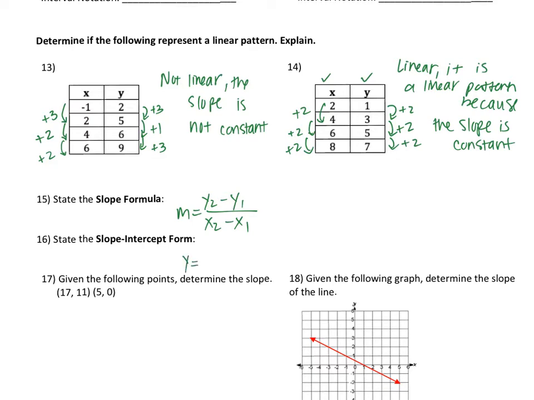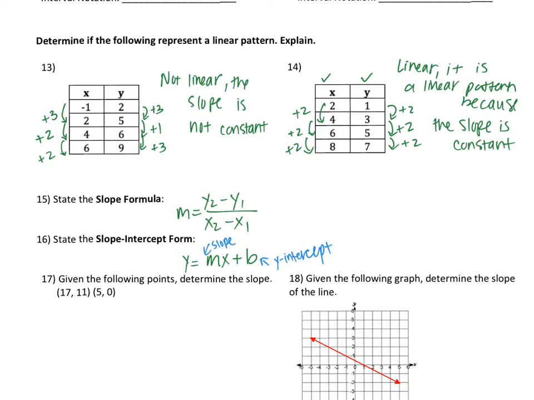We always write the slope next to the x to the first power and then have our y-intercept at the end of it. Just as a reminder, m represents the slope, and b represents the y-intercept, or where it hits on the y-axis.